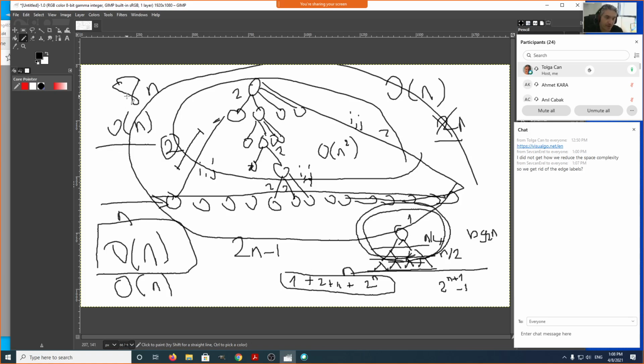Although the constant factor may be large, in any case, it tells you that the index size, when you build a suffix tree for a genome, may be 2 times the size of your genome, or 3 times the size of your genome. If you use compression, you can get better. But it means that the size of your index structure grows linearly with your genome size. It doesn't grow quadratically.